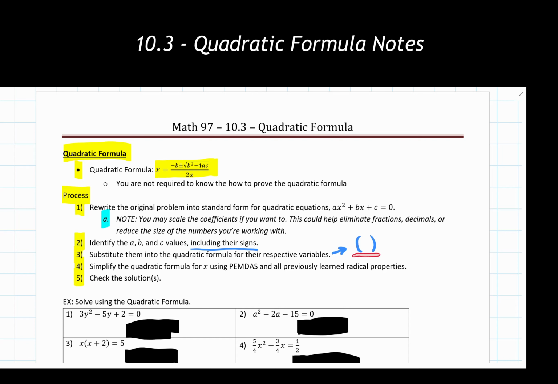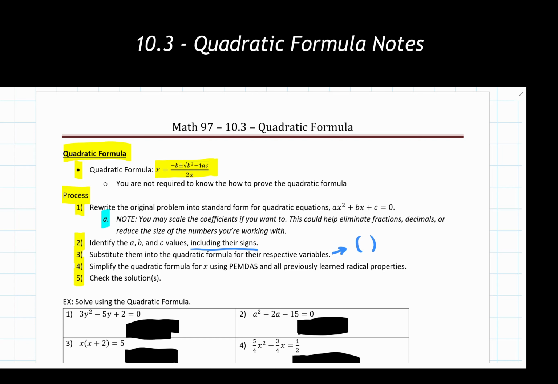You can use parentheses inside of graphing calculators, and that makes these calculations way easier and generally cuts down on a lot of time we would need to solve these problems. But make sure you are using those parentheses when you are substituting in. That's a good habit for not just the quadratic formula, but for all problems in general whenever you're doing substitution.